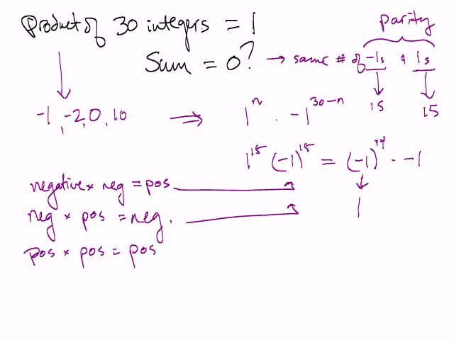This is 1, and that's 1 times -1, that equals -1. So I can't do this. Okay, so I'm using a parity argument twice. Once to say that there's the same number of -1s and 1s for the sum to be 0, and then for showing the product has to be negative.